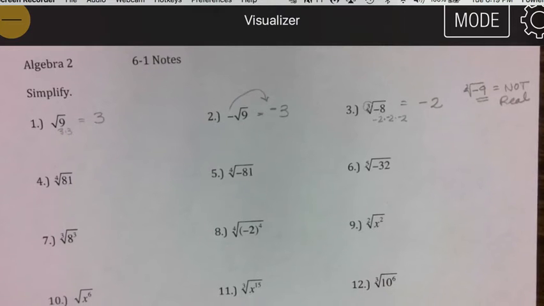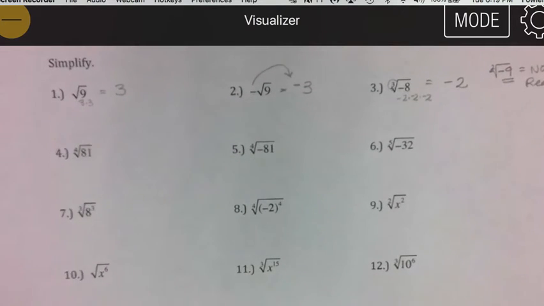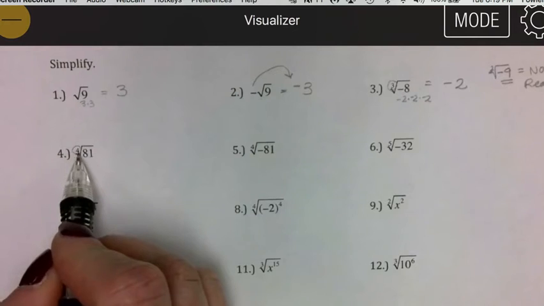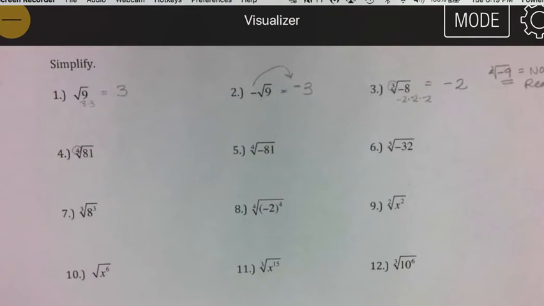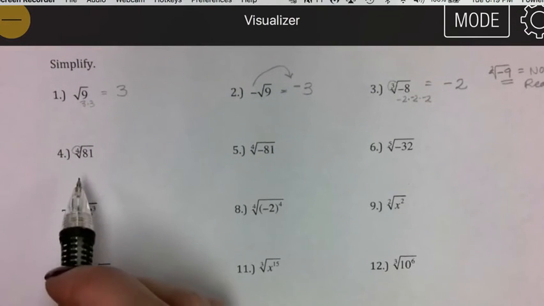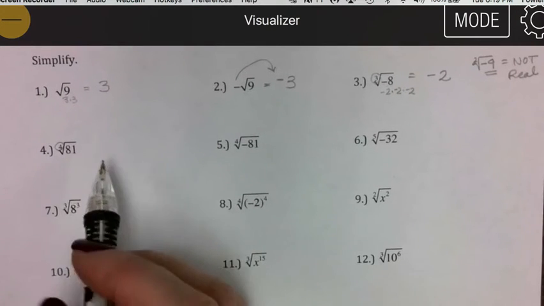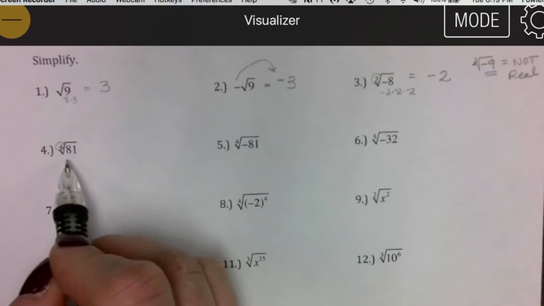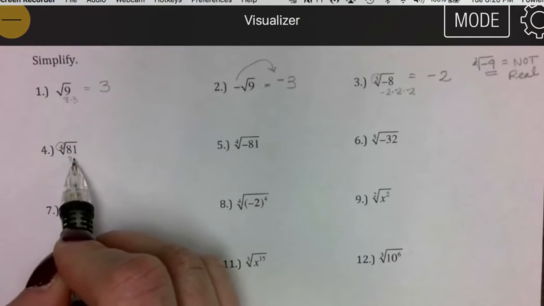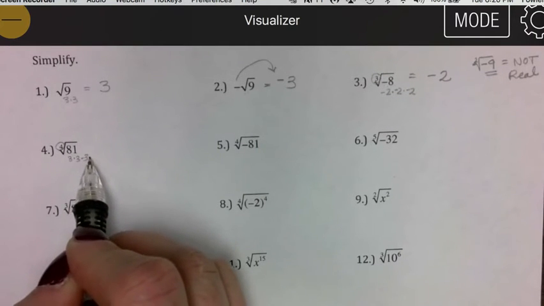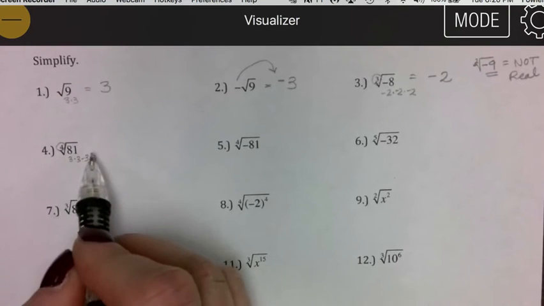Going to problem number 4, if we're talking about a fourth root, my index is a 4, so I have to think of what times itself 4 times will give me 81. This is where knowing our perfect cubes and fourth roots really comes in, because 3 times 3 times 3 times 3 will give me 81.